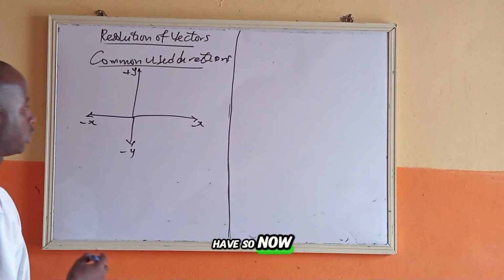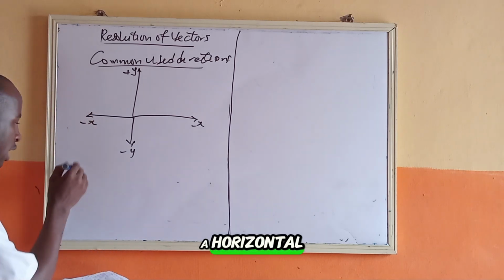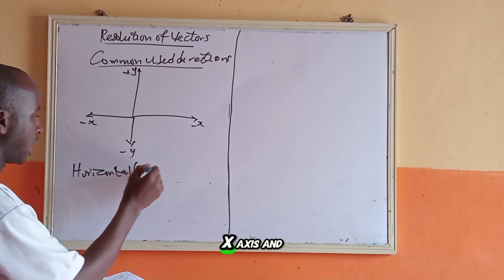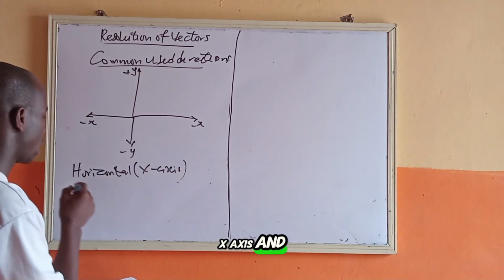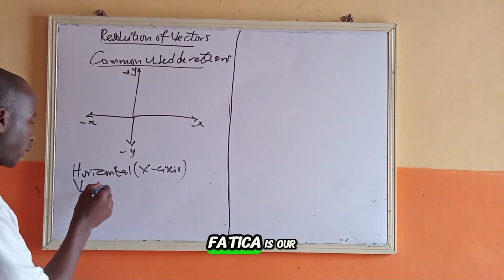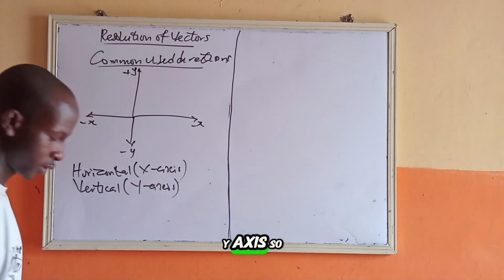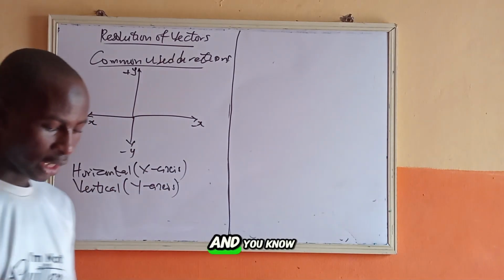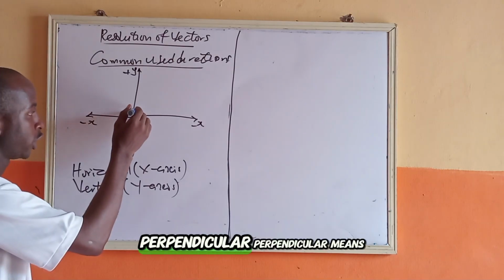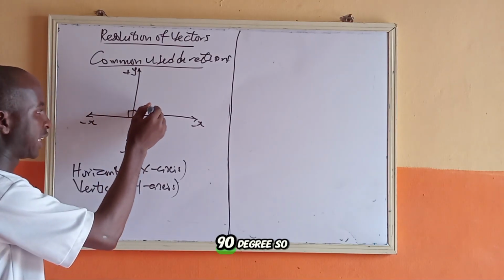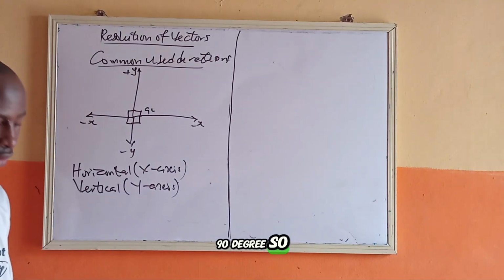So we have a horizontal, that is our x axis, and we have vertical, it's our y axis. And they are usually perpendicular. Perpendicular means they are at 90 degrees. So that is it.